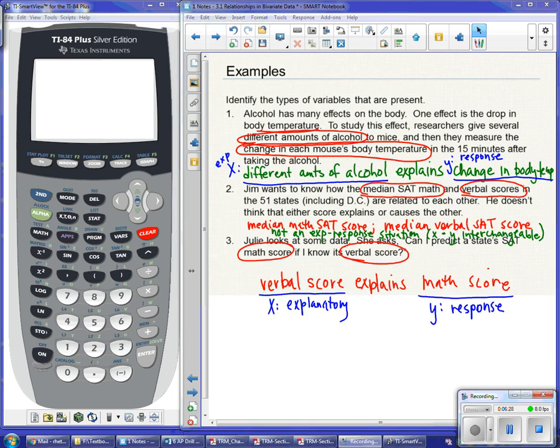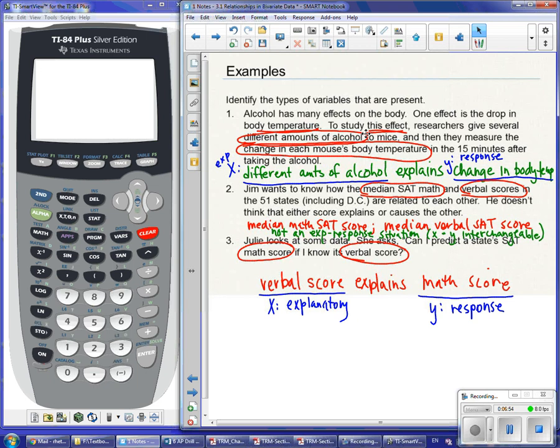Okay. So number 1 is giving you the information: alcohol has many effects on the body. One effect is the drop in body temperature. To study this effect, researchers give several different amounts of alcohol to mice, and then they measure the change in each mouse's body temperature in the 15 minutes after taking the alcohol. In this case, we are expecting an explanatory-response situation, because it's talking about the effect of adding alcohol to the bloodstream.